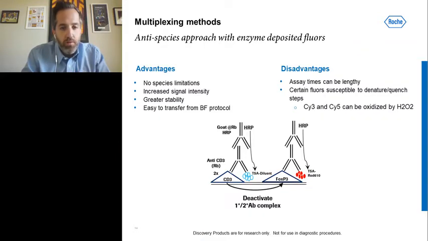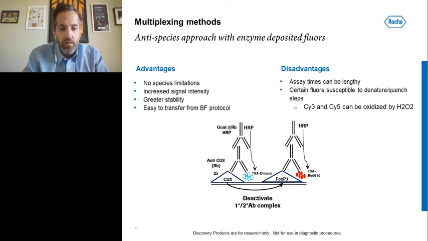So let's look at some of the methods of detection. This first method we're going to talk about is an antispecies approach, where we deposit our fluorophores or our chromogens with an enzyme. The big advantage here is there isn't really any species limitations. The way in which the enzymatic deposition occurs allows us to have an increased signal intensity, greater stability, and it's much easier to transfer between a fluorescence and a brightfield procedure.